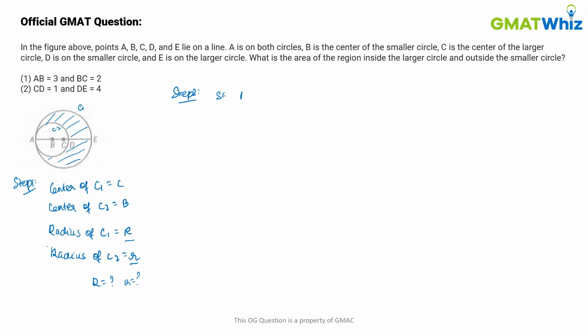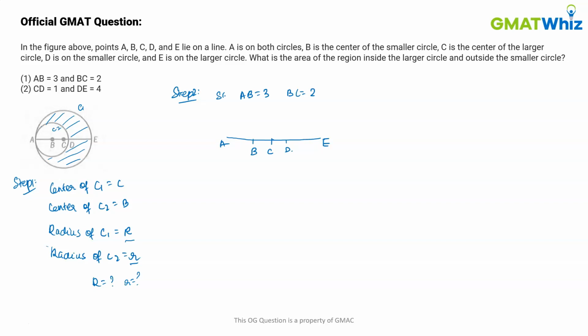According to statement 1, AB equals 3 and BC equals 2. Now, if I draw the straight line AC here, the straight line AE here, then B will be somewhere between A and C. C is in the middle of A and E, and D will be somewhere here.